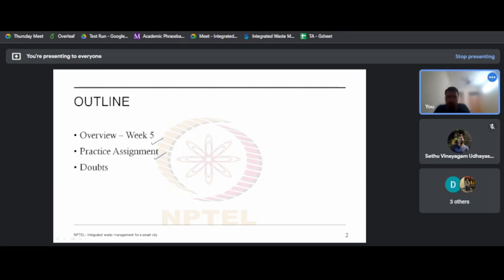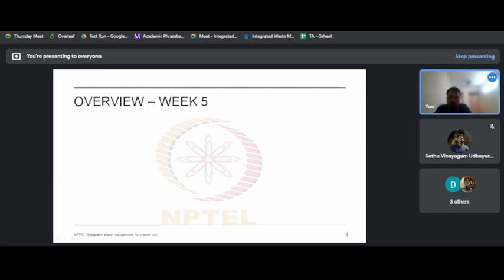So moving on to the overview for week 5. The first lecture of this week was concerned with source handling and separation. What are the methods of source handling and separation of waste? One example is that different colored bins are used to collect different types of waste, such as wet and dry.